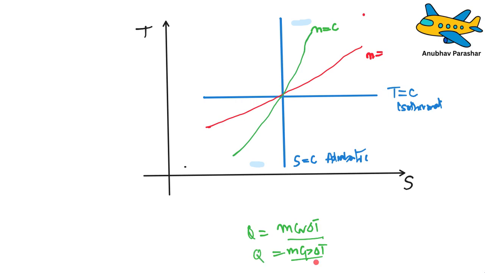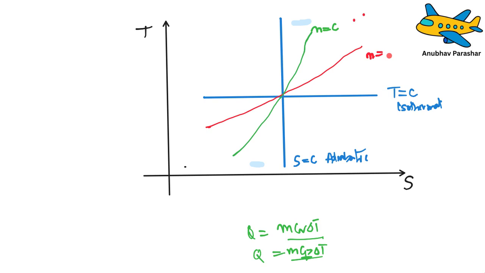Heat transfer will always be greater for the constant pressure process. Why? Because Cp is greater, right? And we know from the last class that heat transfer is nothing else but the area under the graph. Now, if you look at both the graphs, which area is going to be greater? The area of the red one is going to be greater.